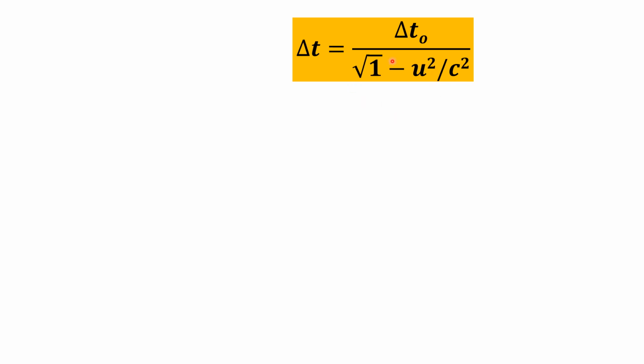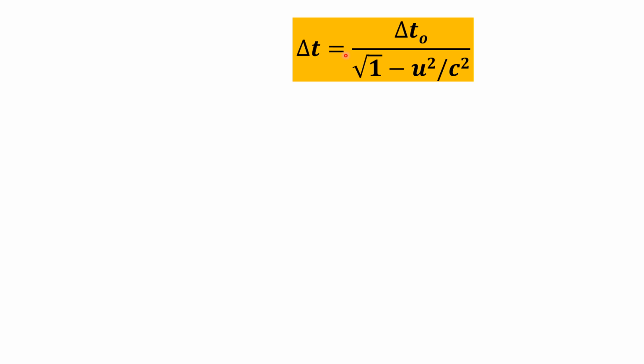Okay? We will have a denominator that will make the value of delta t greater than the value of delta t naught. If the speed of the moving body is very much lower than the speed of light, to the point that the ratio u squared over c squared is almost equal to 0, then we will have a denominator that's equal to 1.